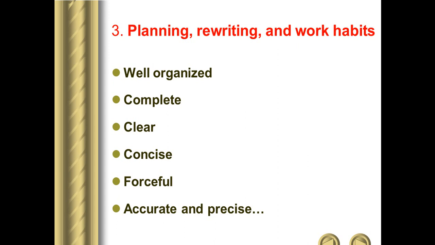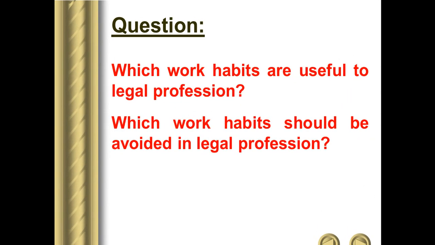Some have very clear ideas and thoughts, but others are vague and obscured. Some are very concise, but others are not. Some have their ideas connected with each other in a very forceful way, but others do not. These kinds of things can influence your writing, your exercising of judgment, and your papers. Therefore, you see that planning, rewriting, and work habits are all influential.